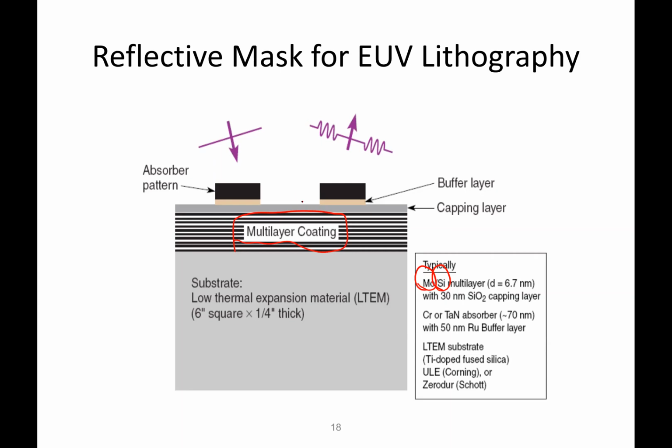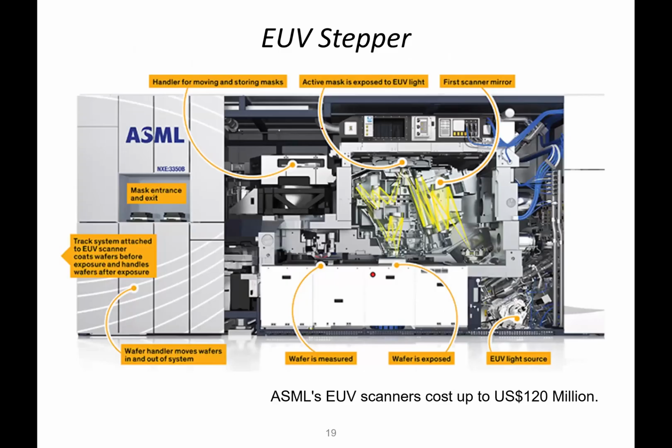But for the pattern of the design, absorbers can be placed on top of this reflector. The absorber removes the light on this surface, and only this area is reflected, right? Having this reflected pattern on the substrate, we can develop the images.